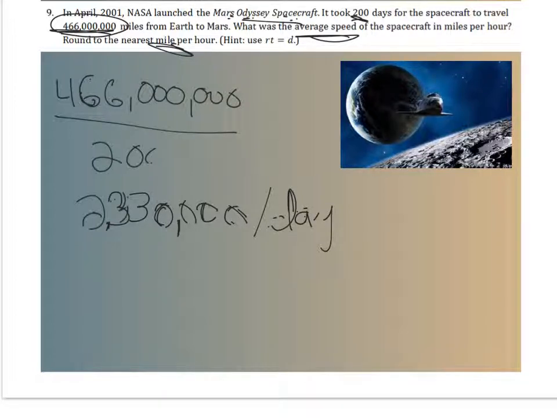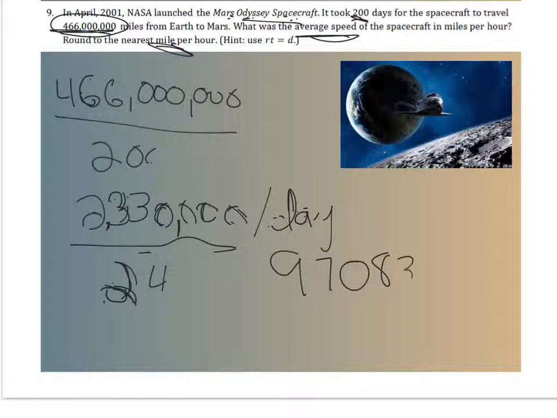So basically this is what's your speed per hour. So how many hours are in a day? 24. So I'm going to divide that by 24. So that becomes 97,083.3. So about 97,000 miles an hour.